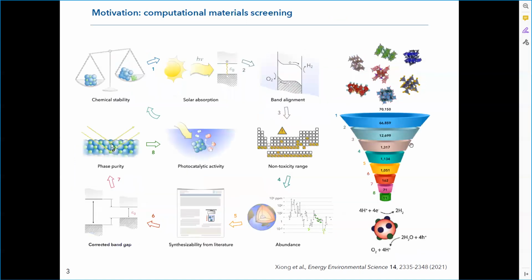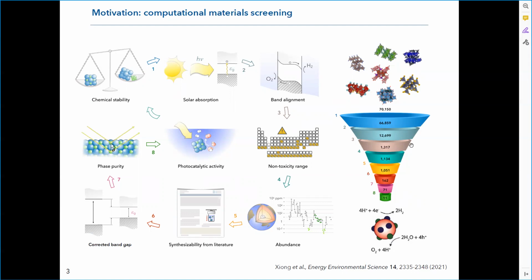An example where this is critical is a recent work with Matteo Boccioni and Yuri Timrov, in which we developed a computational material screening process with a tight co-validation between experiment and theory in order to accelerate the discovery of new photocatalysts, starting from a large number of semiconducting materials.